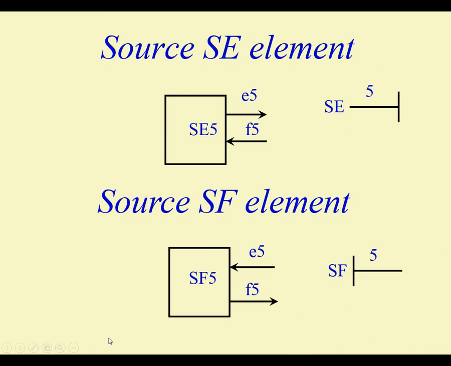You can represent the flow source and the effort source in several ways. There's only one possibility: if it is an effort source, it has to behave like this, from this to the system, and from the system to this.